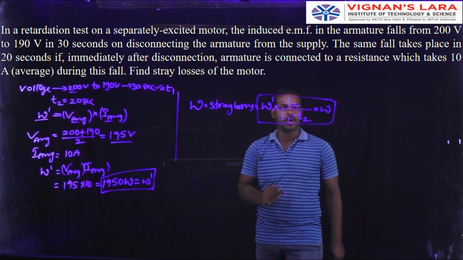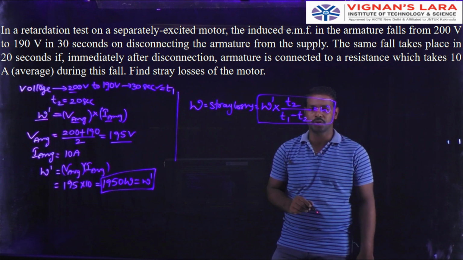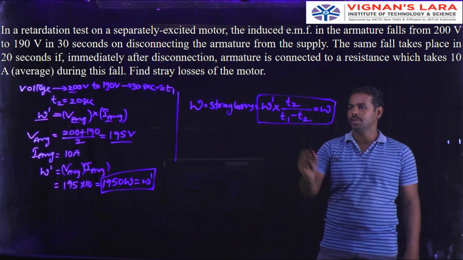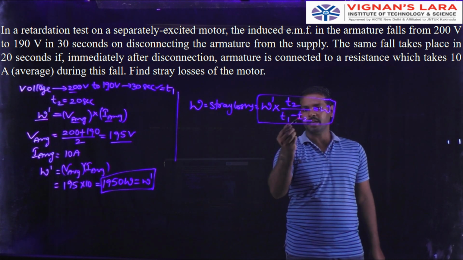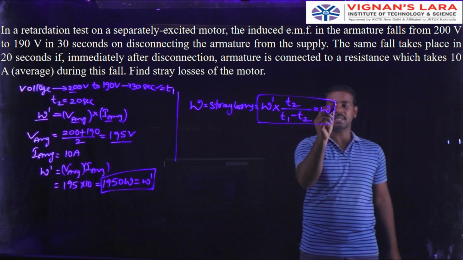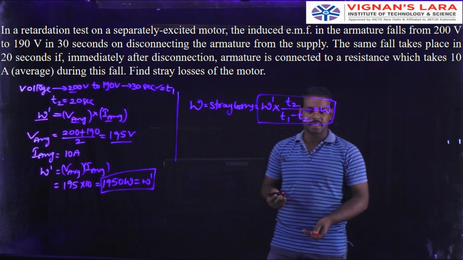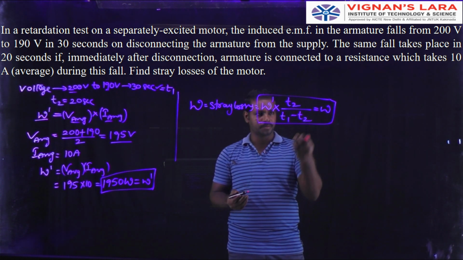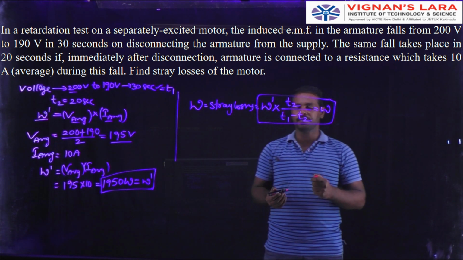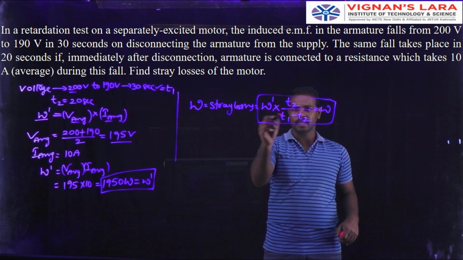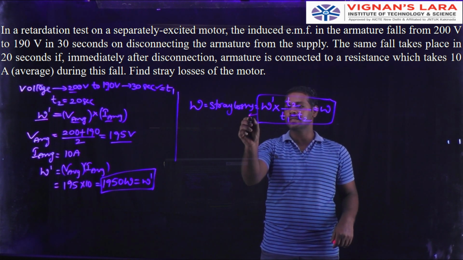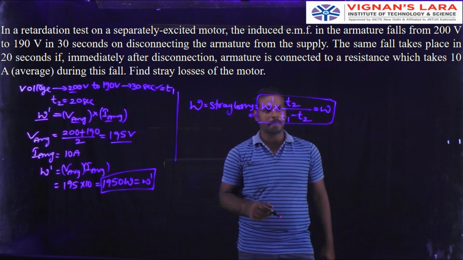So W, or stray losses, is equal to W' × T2 / (T1 − T2). This is the second method. Previously we derived the retardation test, so we calculate the stray losses of a given motor by using this equation.